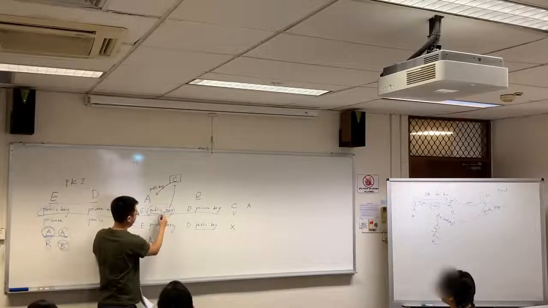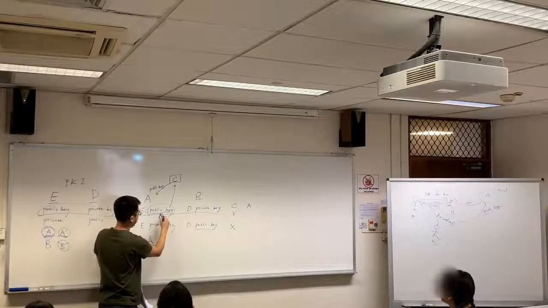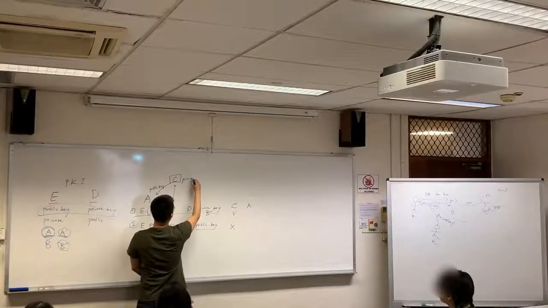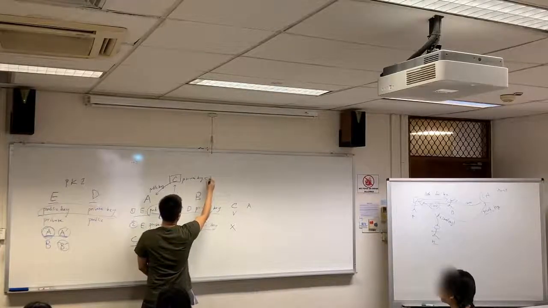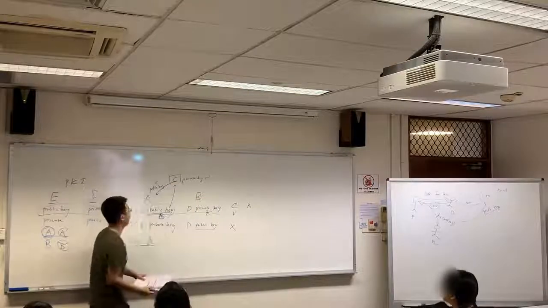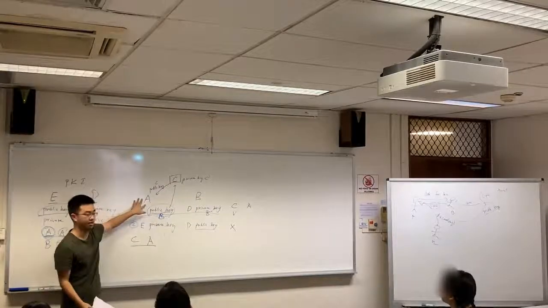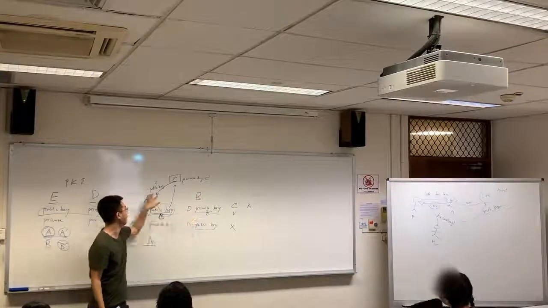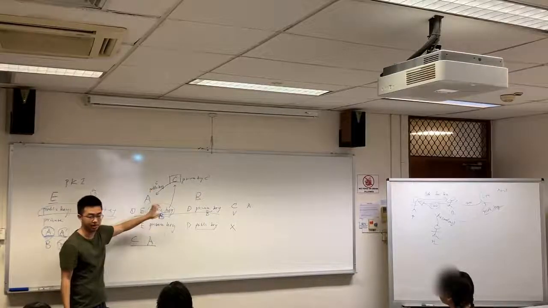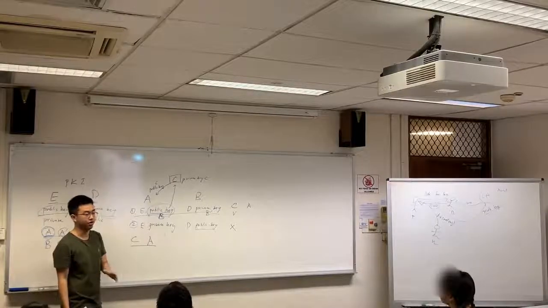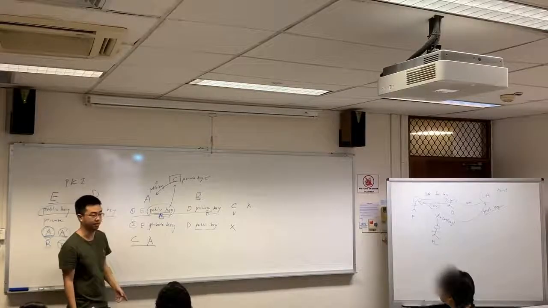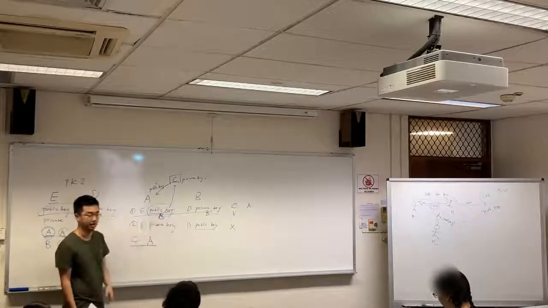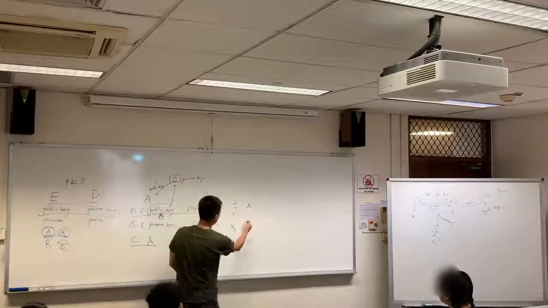Let's consider this is B, this is B prime, and Trudy also has a private key, C. What if Trudy misleads Alice to believe that the public key B is actually public key C? In this case, Alice would not know, right? Because you cannot protect the authenticity in the first place. Alice will not know the authenticity of the source of this public key. So the authenticity is not guaranteed.